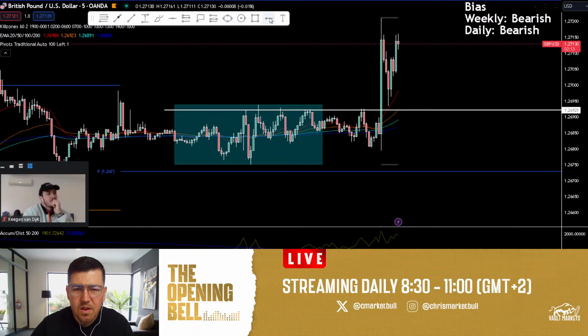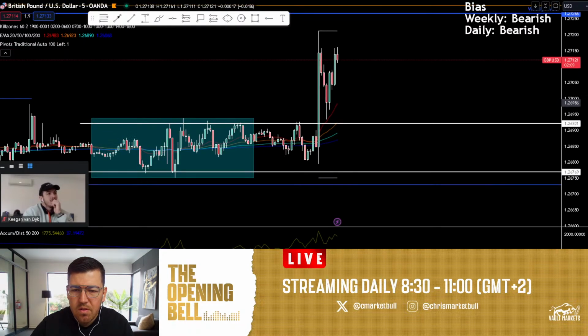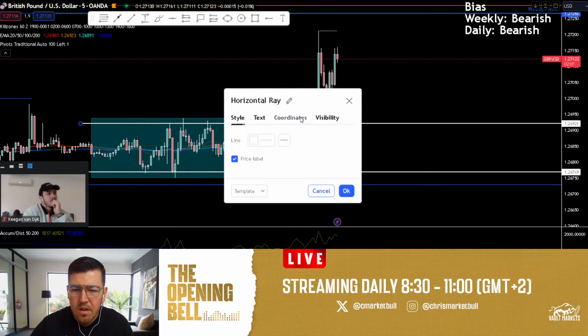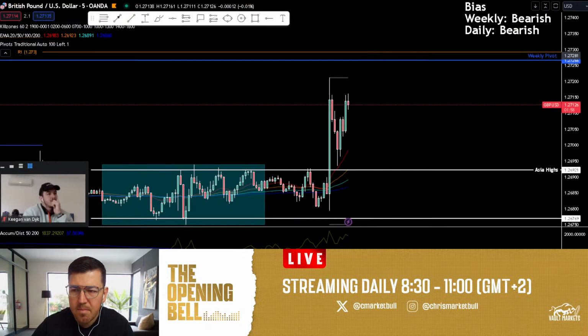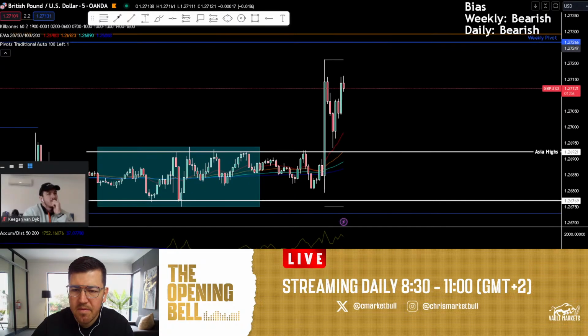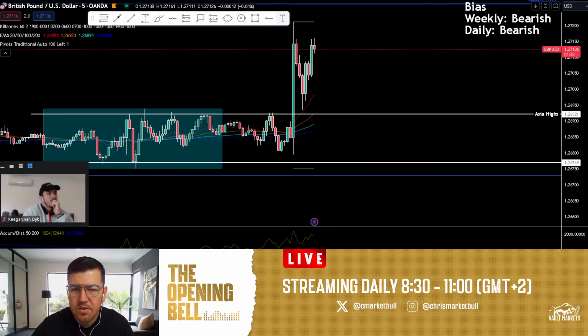The 80 is also above the 200, and if we can hold Asia highs, this could be a potential trade for us. Asia highs, I wouldn't necessarily try and buy these highs or even buy up against this weekly pivot because we're still bearish. But I would like a buy, I would say closer to this 12700 area, potentially. Asia highs.